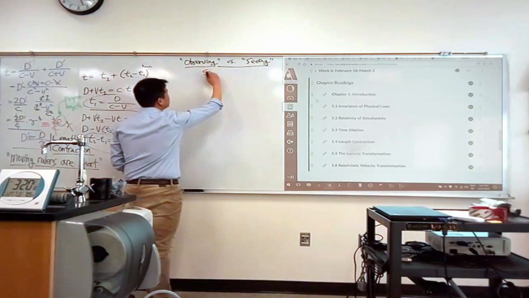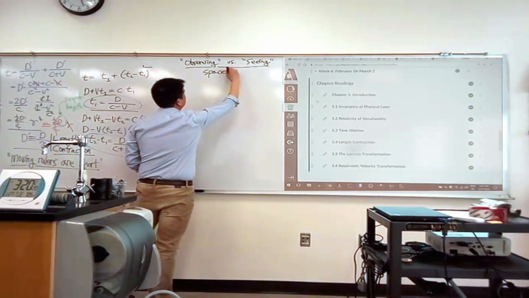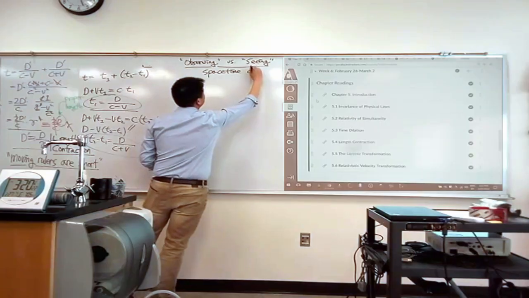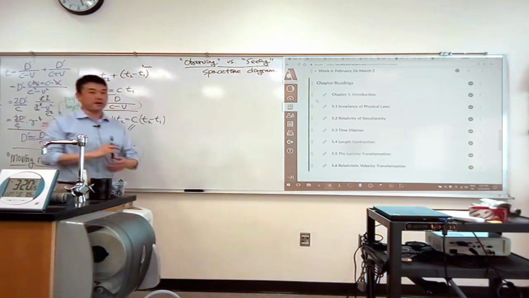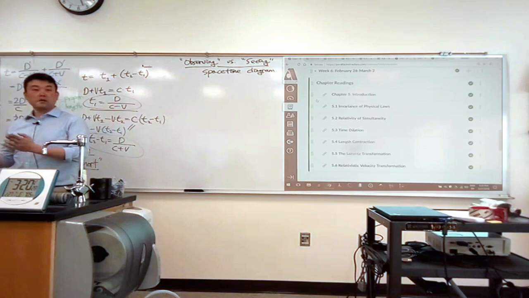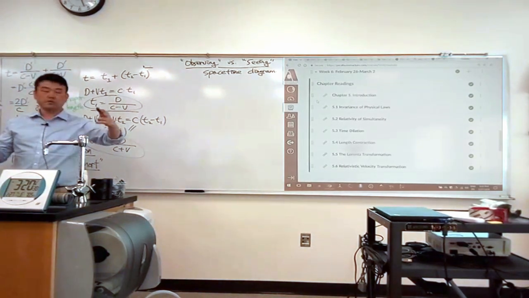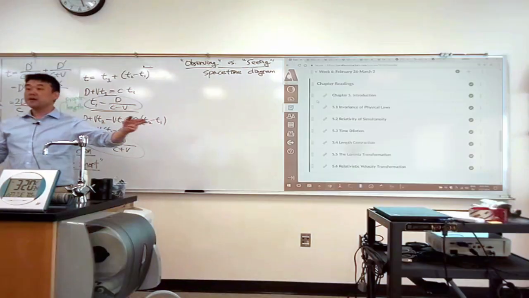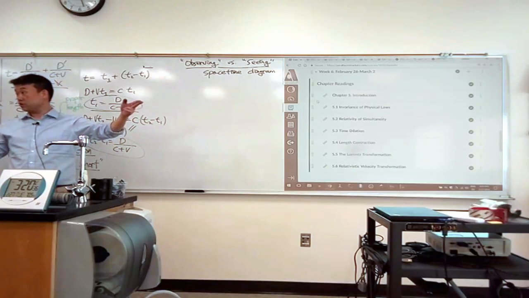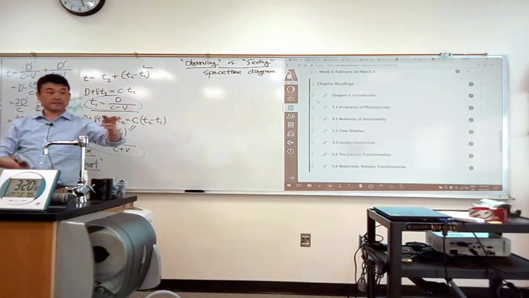So in a space-time diagram, what you do is you illustrate motion in one dimension. If you're drawing this in two dimensions, motion has to be one-dimensional motion, and the passage of time gets its own axis.